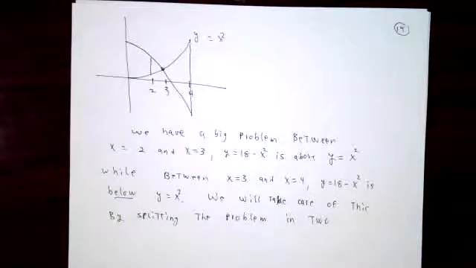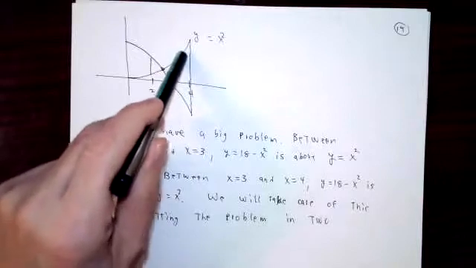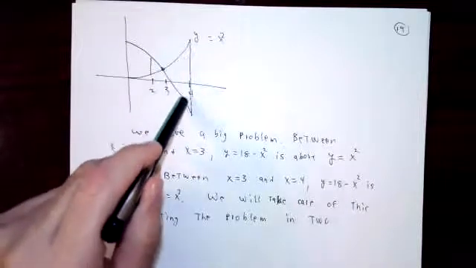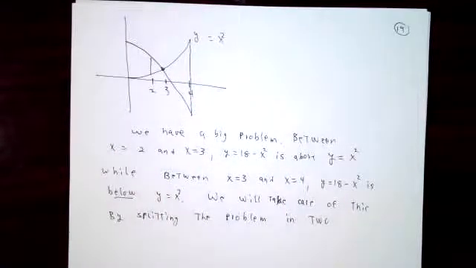On the other hand, if you're between x equal 3 and x equal 4, it's the other way around. x squared is higher up than 18 minus x squared. This isn't difficult to deal with. We just have to split the problem into 2 chunks. We'll find the area from 2 to 3, and then also the area from 3 to 4. After we've done that, we'll add them together to get our total area.